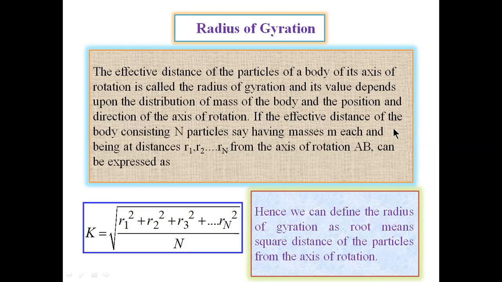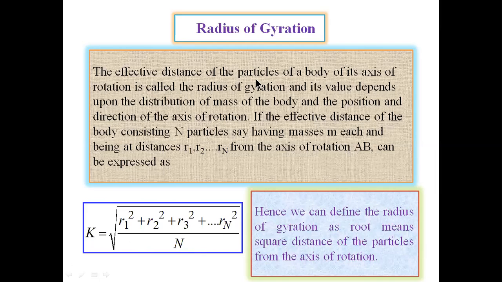If the body consists of capital N particles, each having mass m and being at distances r1, r2, up to rn from the axis of rotation AB, then it can be expressed as k equal to root over r1 square plus r2 square plus r3 square plus up to rn square, divided by capital N. So this is the expression of radius of gyration.